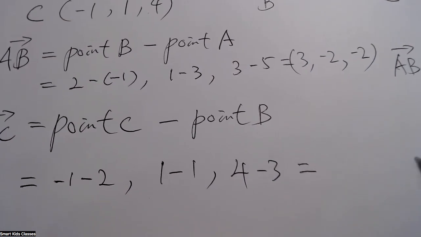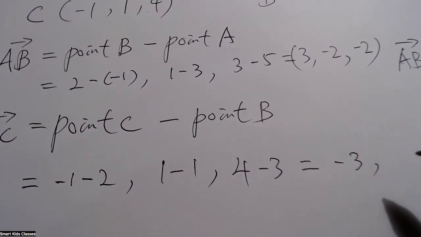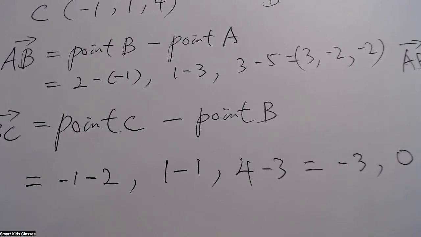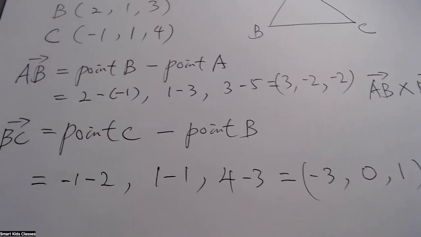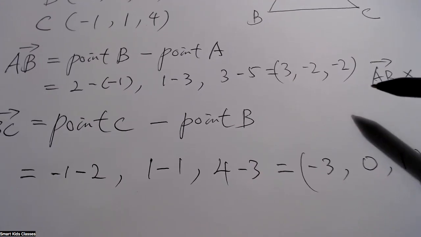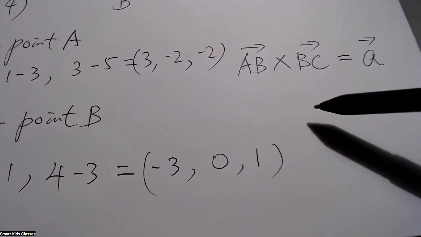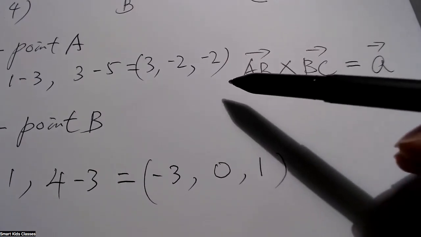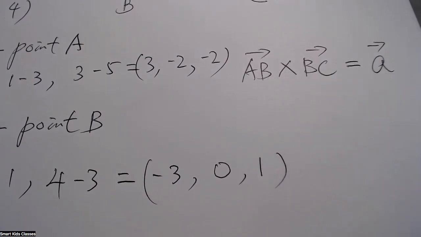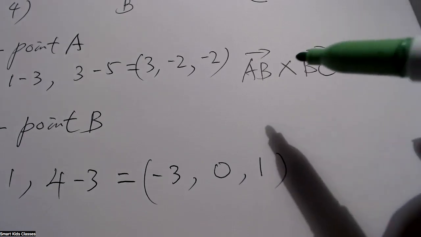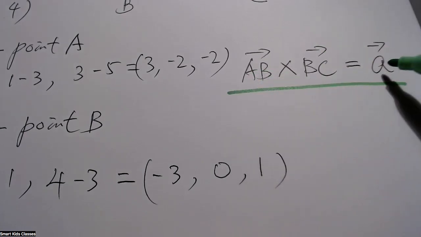Now we're going to get the point: -3, 0, and 1. That's vector BC. So we get 2 vectors. Now we're going to take vector AB cross vector BC, and give it a name: it's called vector A. Now let's start to do it on the next page.